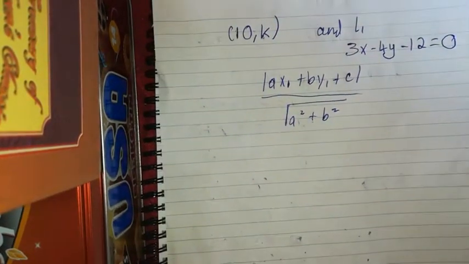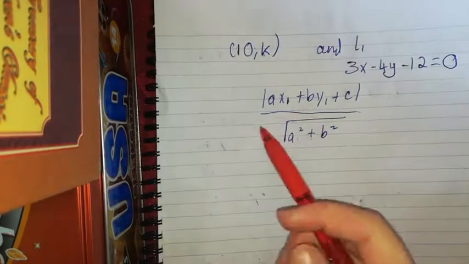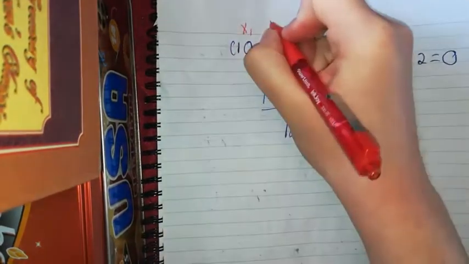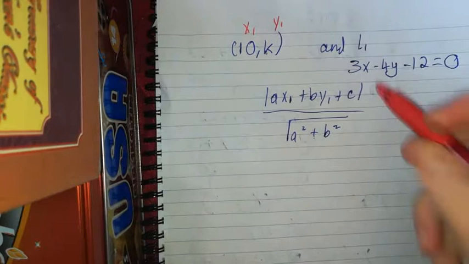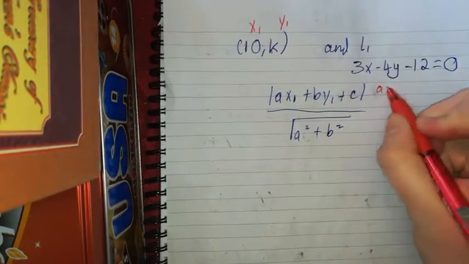plus b squared. When we have an equation like this, the point we label x1, y1, and then for the line, the x coefficient is a, so a equals 3.